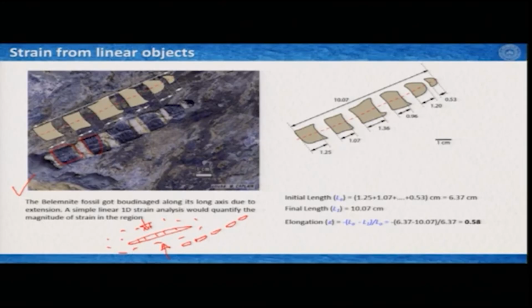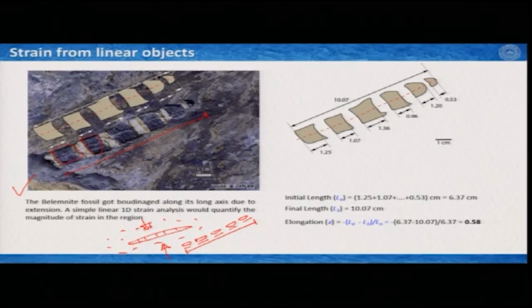So now you can imagine that if I add all these lengths, that would give me the L0, or the initial length of this belemnite, and if I add from here to here, or from here to here, that would give me the final length or deformed length.